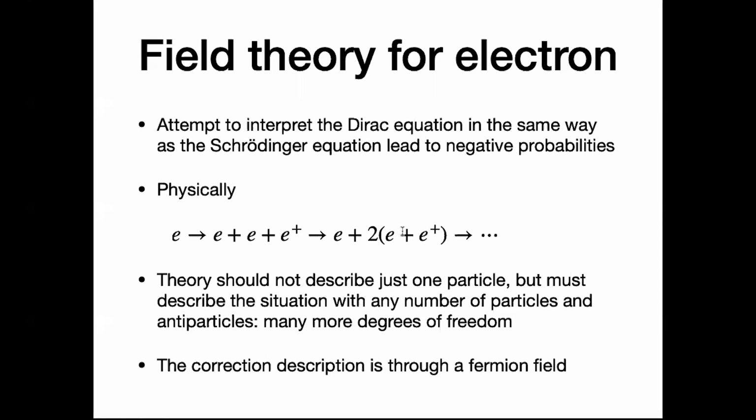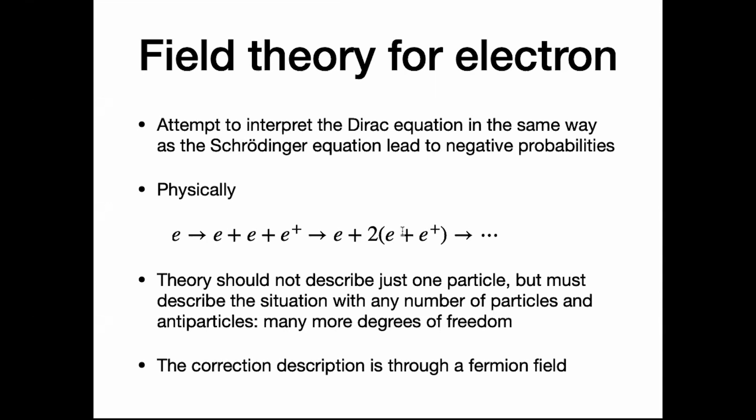And it's known now that the correct description of electron and positron is through something called the fermionic field. A fermion field is again a concept that allows us to describe not only a single electron, but a more complicated system that has any number of electrons and positrons.